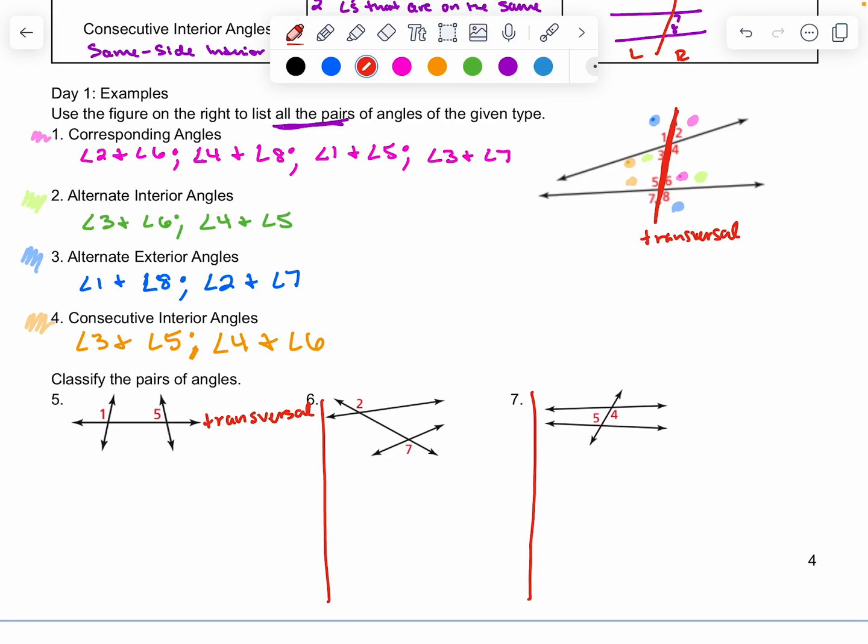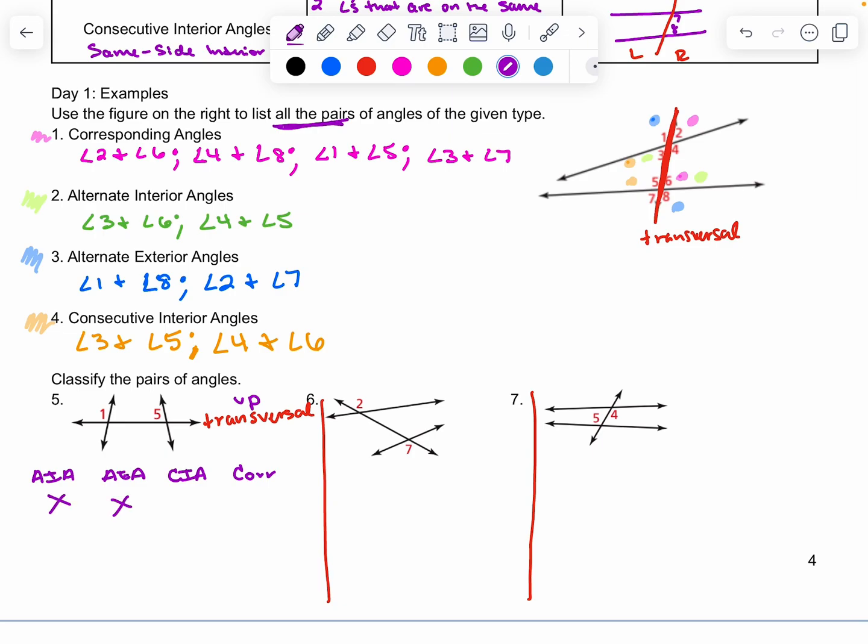So if I'm looking at 1 and 5, the first thing I need to rule out, just thinking through our options: we have alternate interior, alternate exterior, corresponding, and consecutive interior. Notice I just abbreviated. These are on the same side of the transversal. They're both on the up side. If they're both on the up side, I know right now they are not alternate.